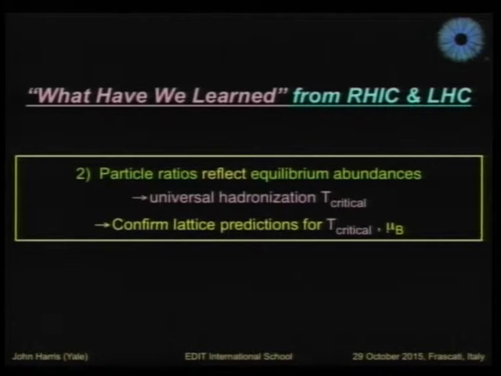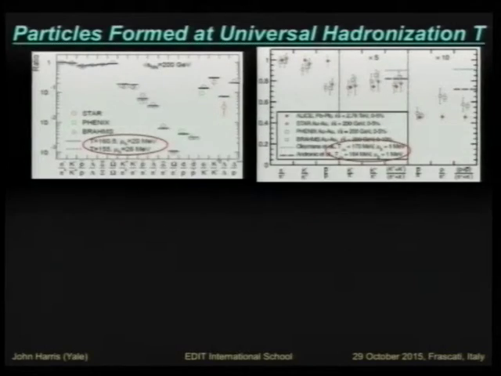That means the number of baryons compared to mesons, for example. That, in fact, you can determine the temperature at which those hadrons were born, okay?